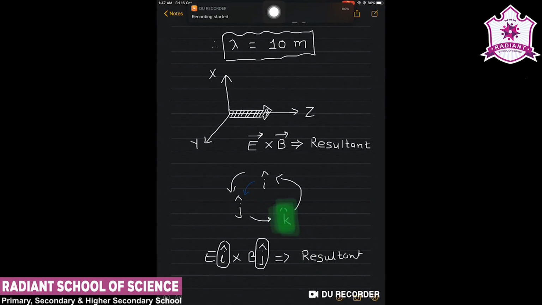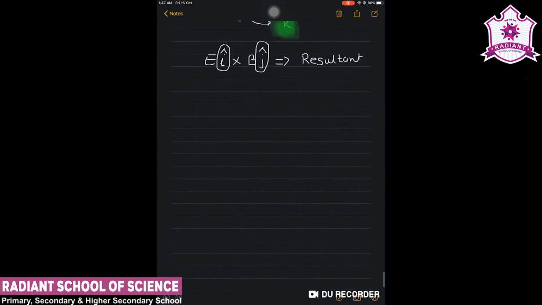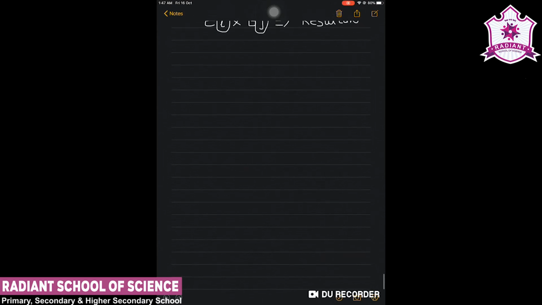Now we will see the next example, example number 5 of the exercise. What is given in question number 5? It is given that a radio can tune to any station in the 7.5 megahertz to 12 megahertz band.